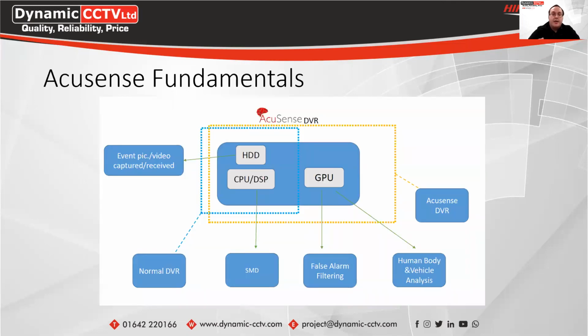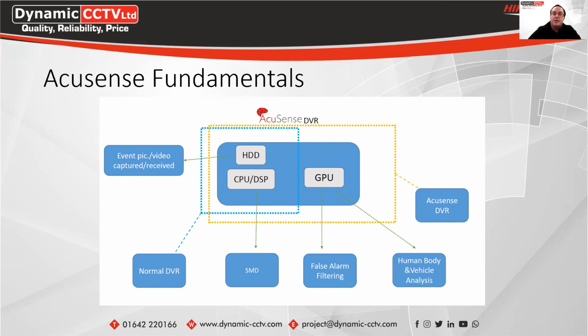Within the AcuSense DVRs, as with a standard recorder, you'd have your hard drive and your CPU on your board. With the AcuSense DVRs, you now get an additional GPU, which is dedicated to running the algorithms for the AcuSense alarm filtering in the system.